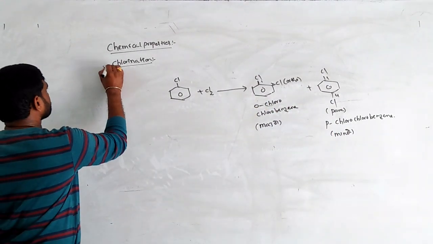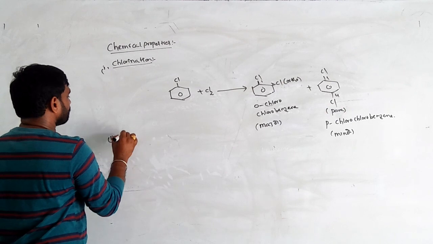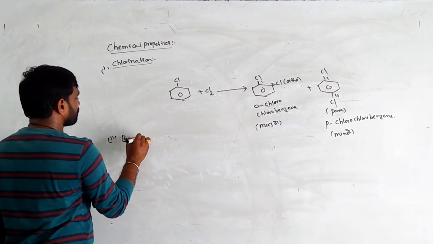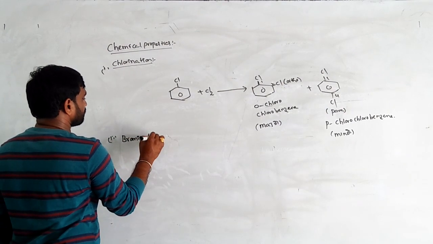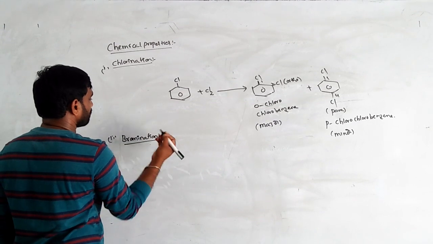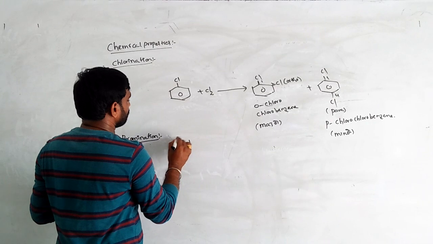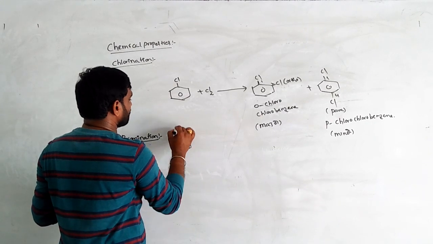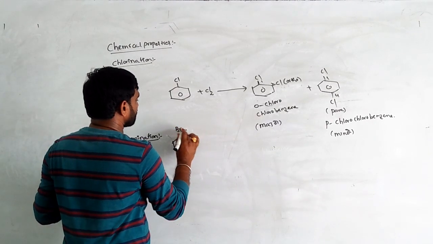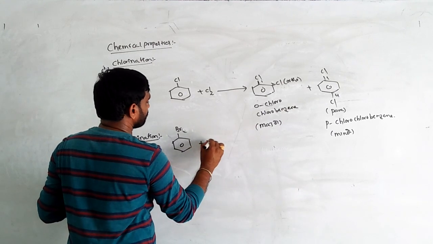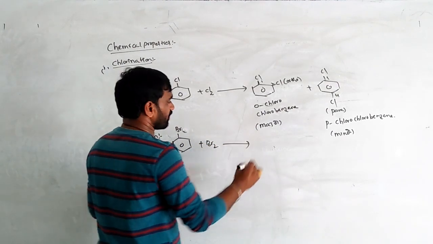Second one is bromination. Here same. Bromobenzene is treated with bromine to give two products.